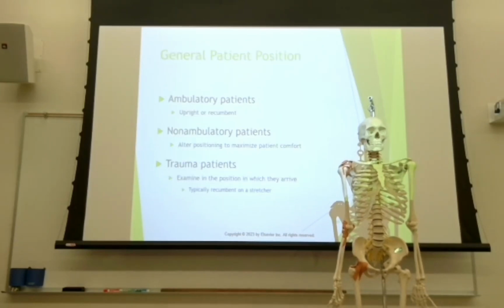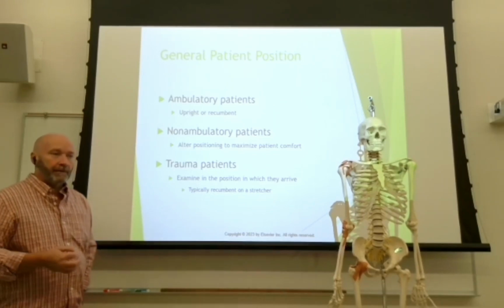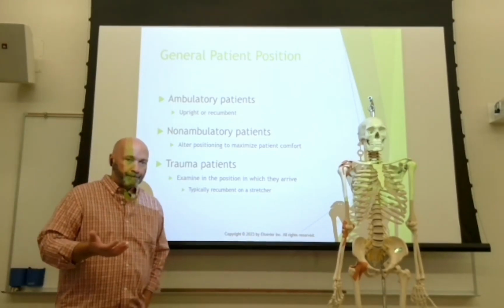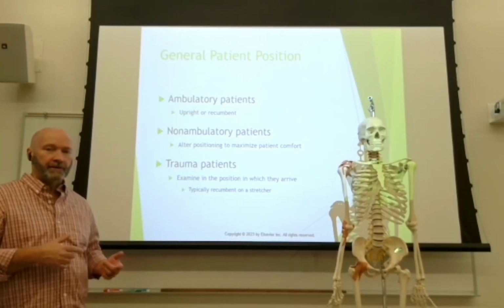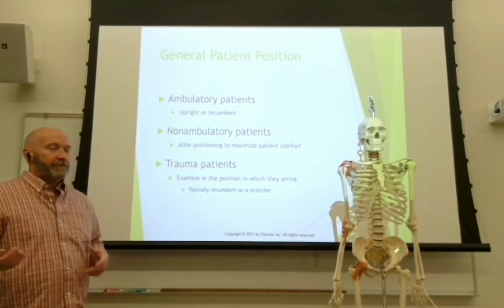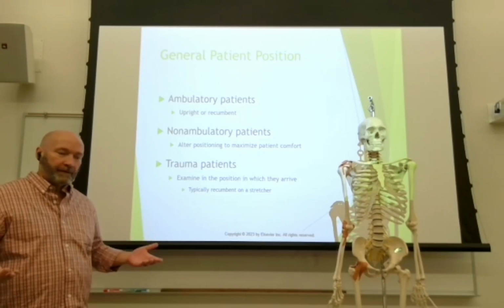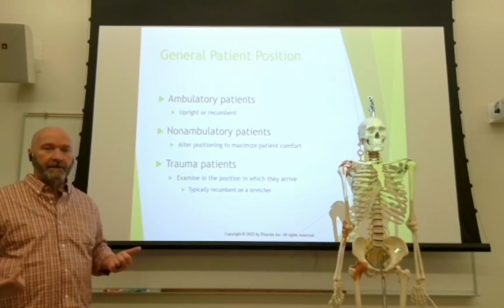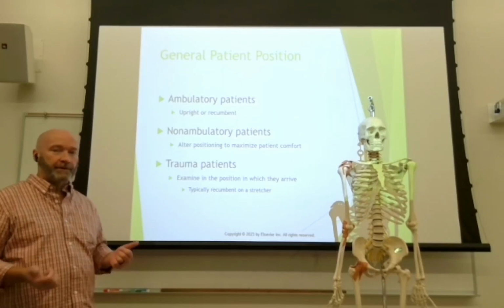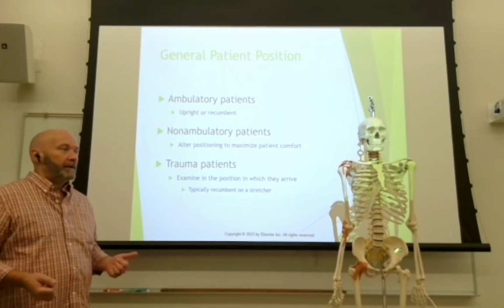So ambulatory patients with rib injuries, true rib injuries, there's going to be positional pain, just like in the shoulder. So I recommend that you move the patient as little as possible. If the patient comes in laying down, if you can use a slider board to get them from the bed onto the x-ray table, I recommend doing that so the patient doesn't have to move around a whole lot.